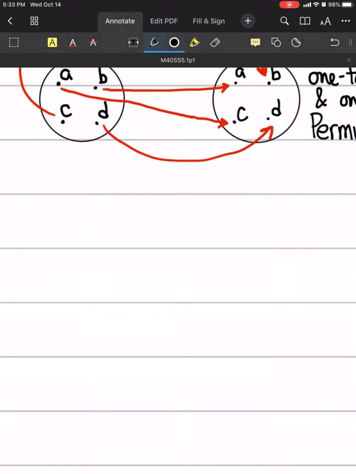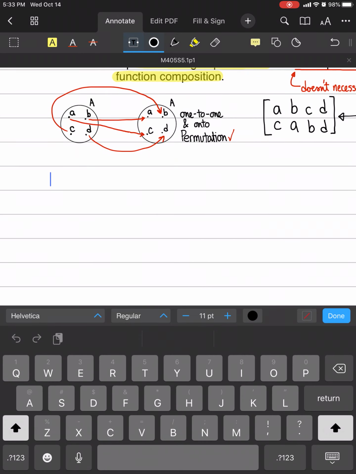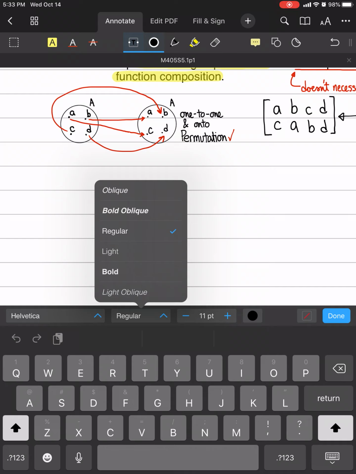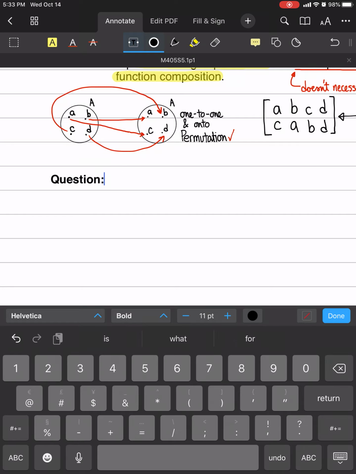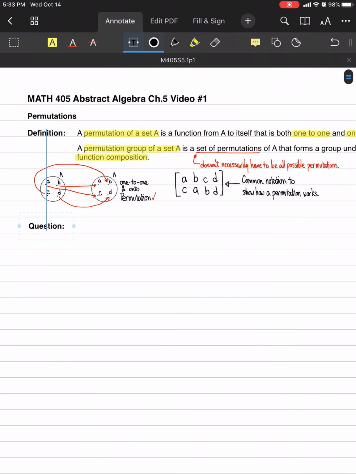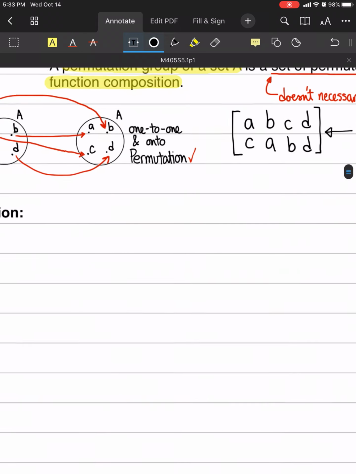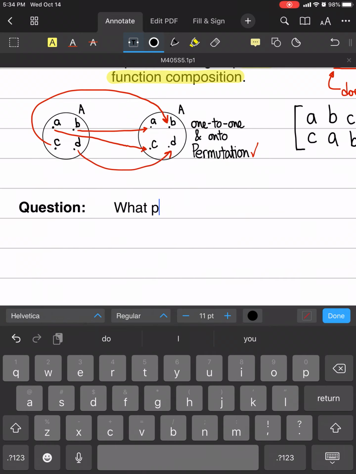Now, what I would like for you all to try and answer here, I'm going to put up a question. What permutation groups have we already seen?